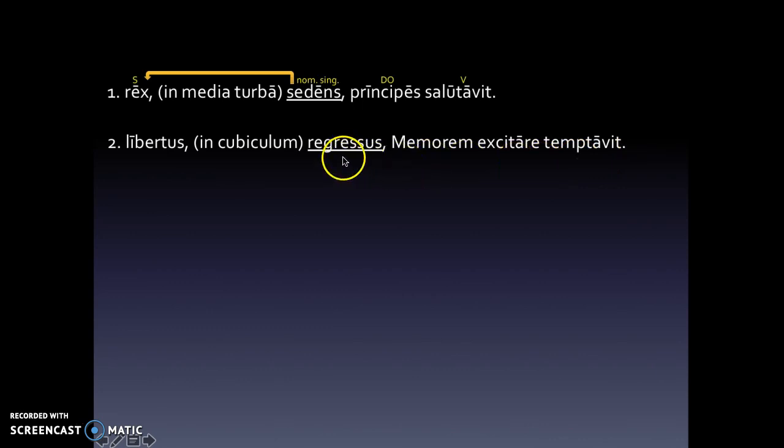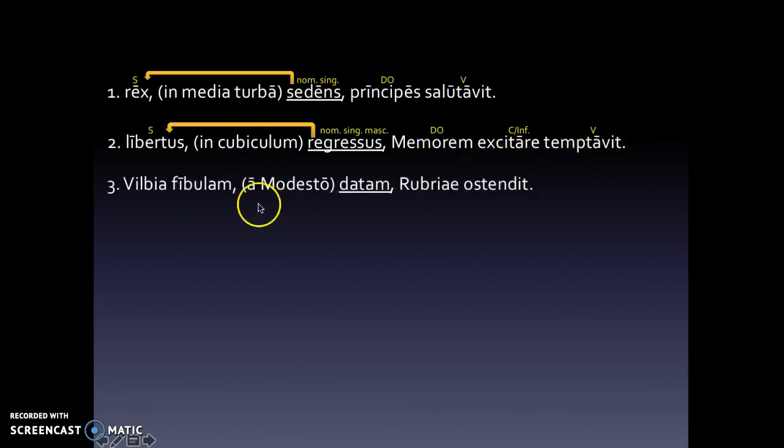This is our participle. This is a prep phrase. We know that this participle is going with this noun because they are both nominative singular and masculine, making this our subject, direct object, complementary infinitive, and a verb. So the freedman, returning into the bedroom, tried to wake up Memor.